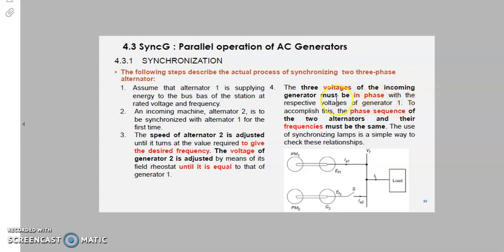We set them at the correct voltage and correct phase. And the phase sequence ABC has to be the same sequence. And make sure the frequency is slightly higher. Use the synchronizing lamp to check their relationships. Then only can you tap in to the load, or to the grid.